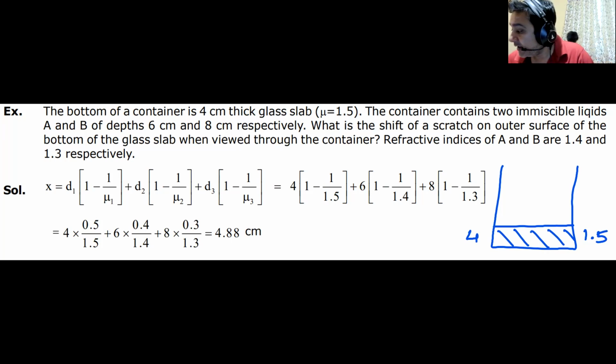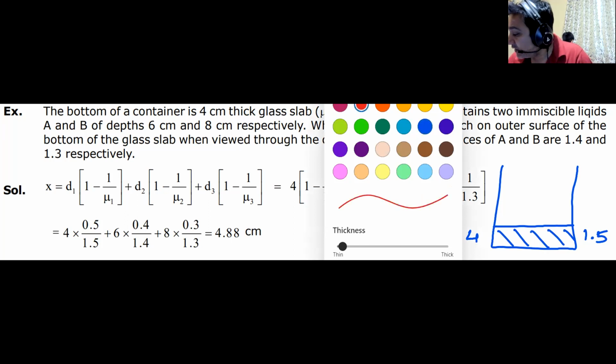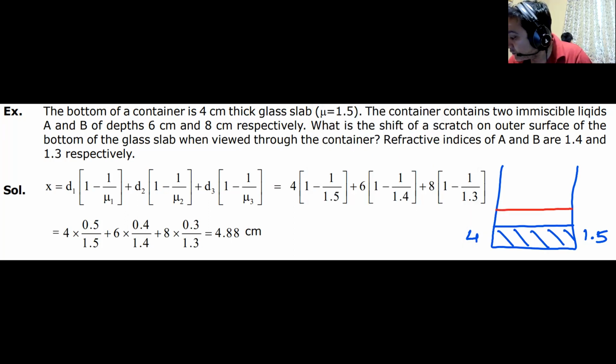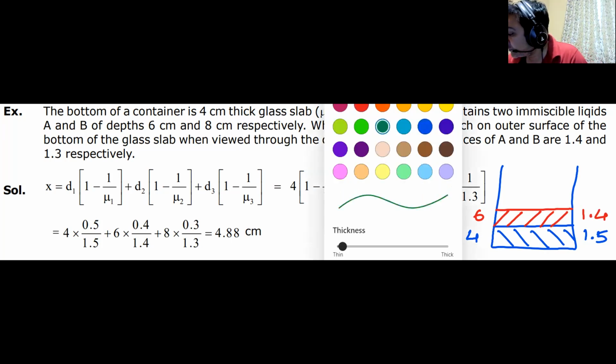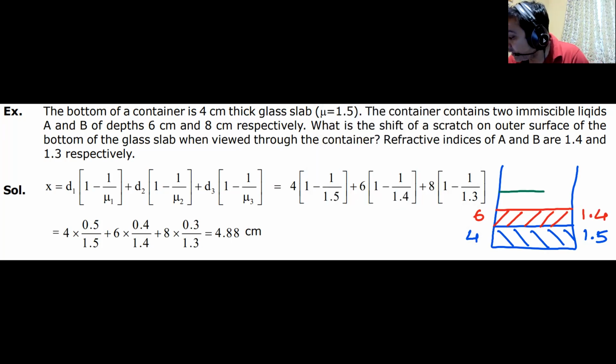Yes, sir. Then I have the second layer, which is the layer of liquid A. The red one is A. The thickness of A is 6 centimeter and the refractive index is 1.4. Do we understand this? Yes, sir. Then I have the third layer.